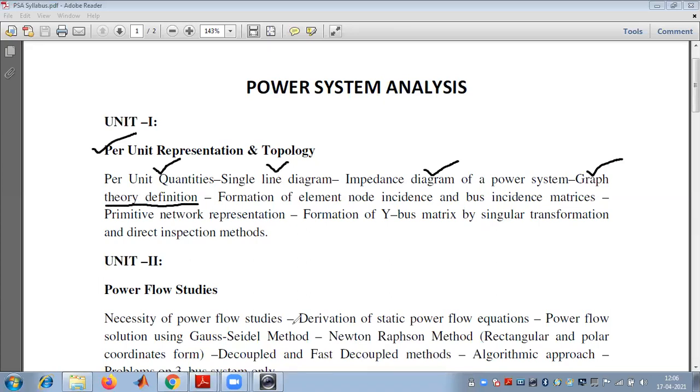Under this, you will have the various definitions regarding graph theory, formulation of element node incidence matrix, bus node incidence matrices, primitive network representation, formation of Y-bus using singular transformation, and direct inspection method. So within 4 to 5 classes, we are going to complete chapter number 1.